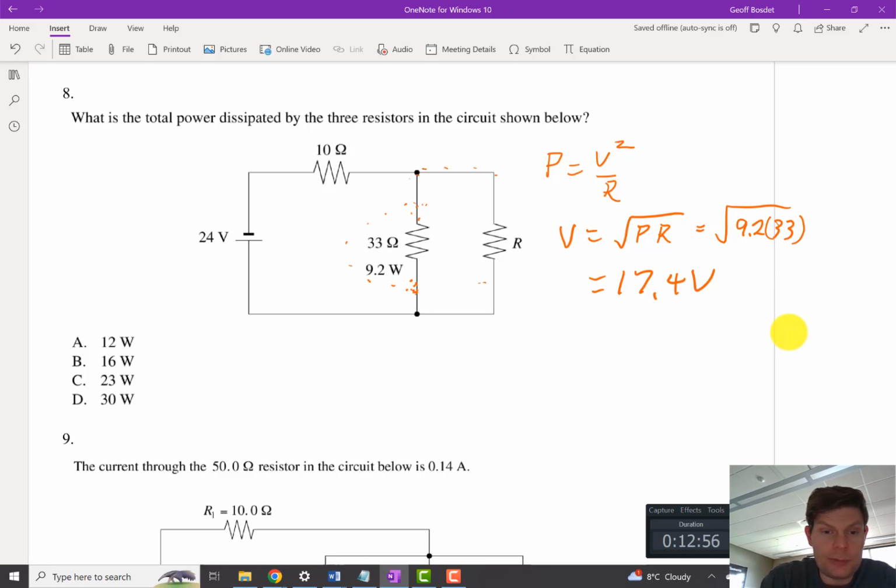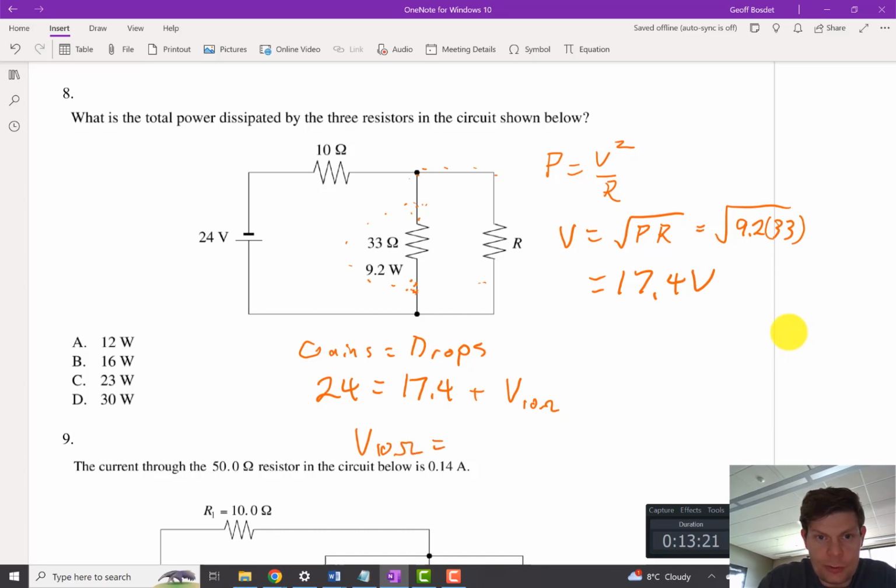So gains equal drops. I gained 24 across the battery. I've lost 17.4 across this parallel resistance section. And so my drop across the 10 ohm has got to be the remainder. So our V drop across the 10 ohm is just equal to 6.6.